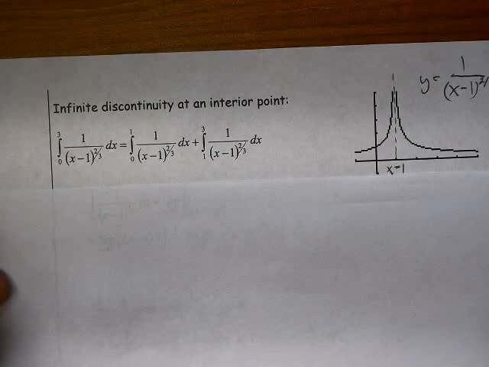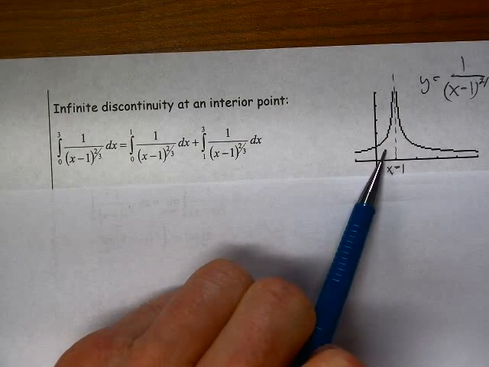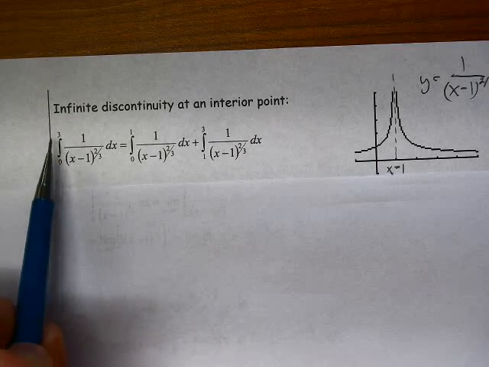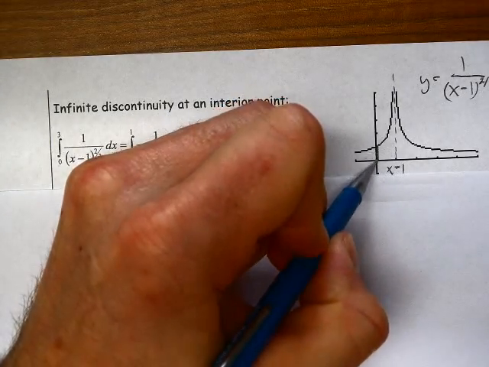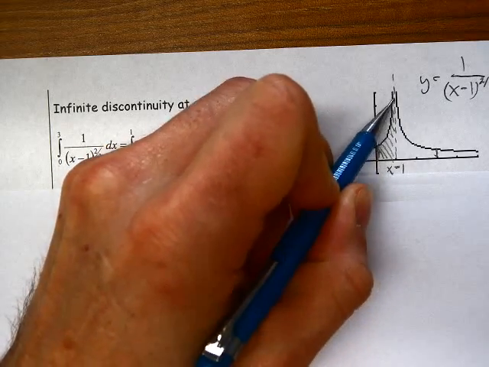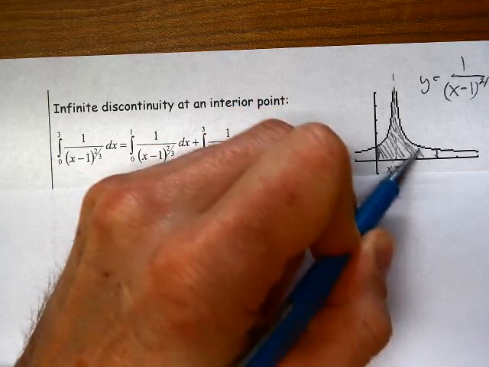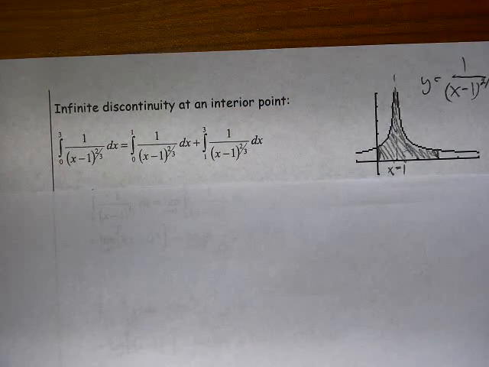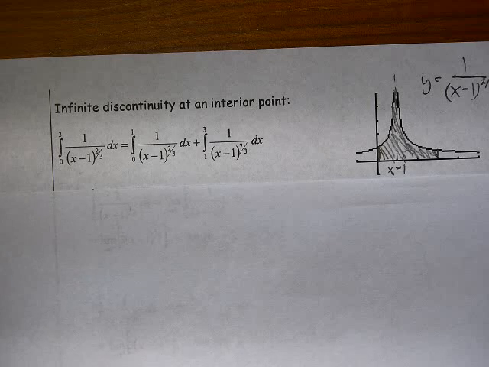Right? And if I want to find the area between this graph and the x-axis, between x equals 0 and x equals 3, I want to see if there's a finite amount of area there, or if that area is an infinite amount.